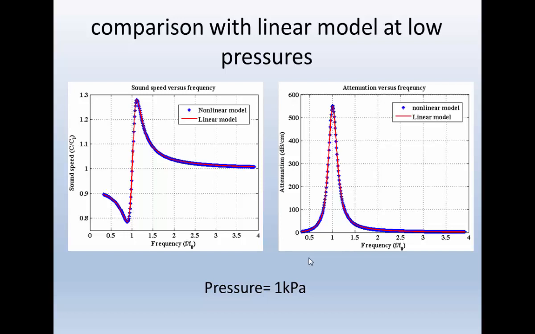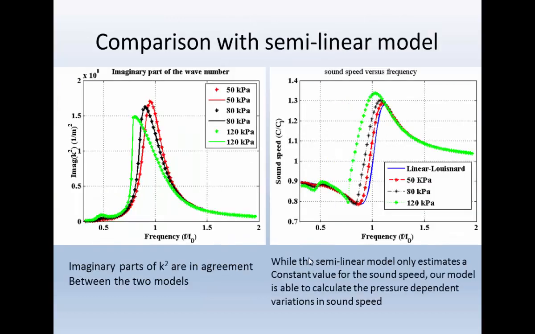Here you see the normalized sound speed, which is the sound speed in the bubbly medium divided by the sound speed in the liquid in the absence of the bubbles, and the results are in very good agreement with the linear model at very low pressures, and also the attenuation versus the normalized frequency are in very good agreement with the linear model.